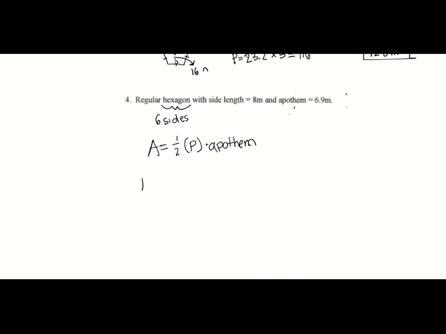My perimeter is going to be 8 meters times how many sides I have, which is 6, and that gives me 48 for my perimeter. So now I can take that 48, plug it in up here. I get 1/2 times 48 times 6.9. That gives me a final answer of 165.6 meters squared.